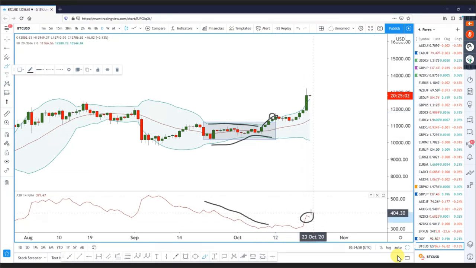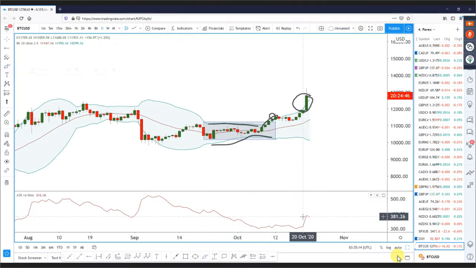So you see our ATR is increasing because of the average of all these candles. So this is probably 14, yeah. So it may represent the strong bullish momentum.